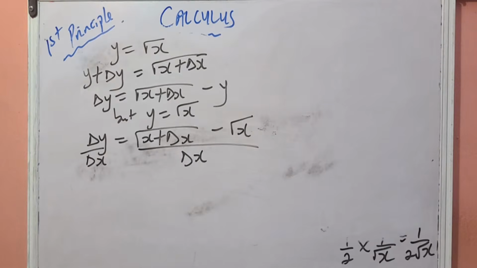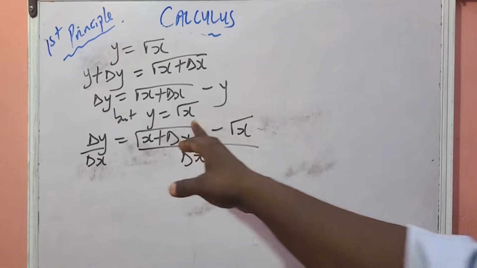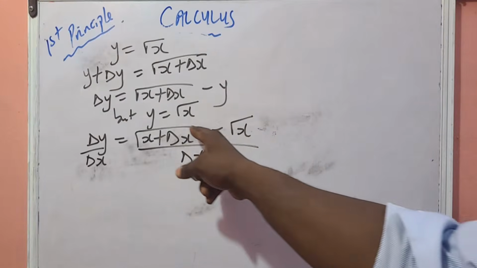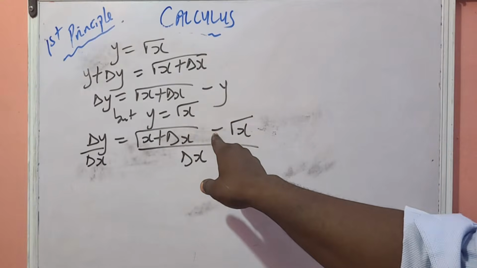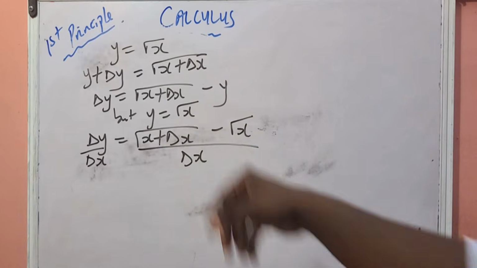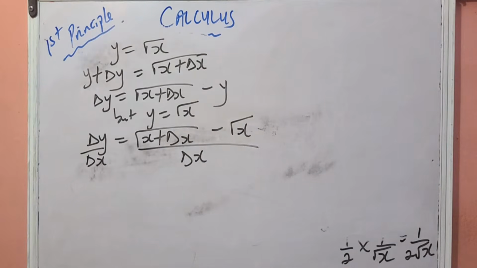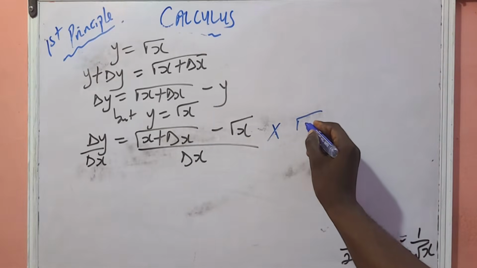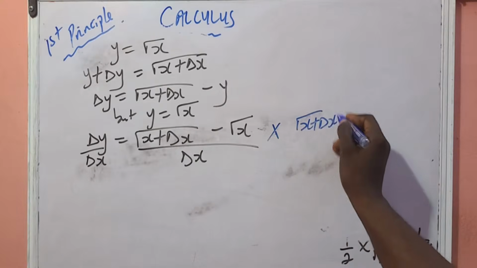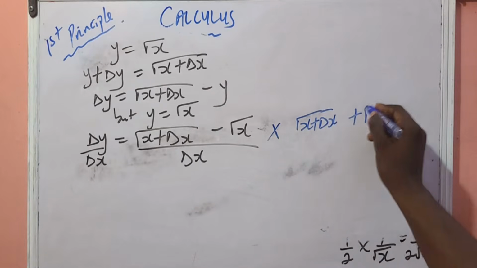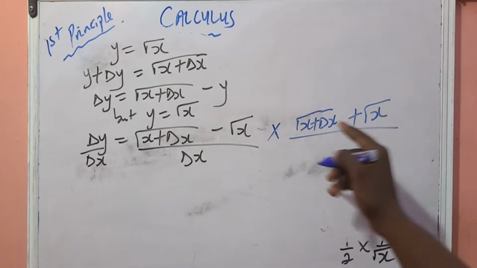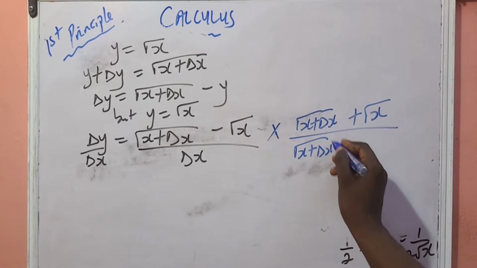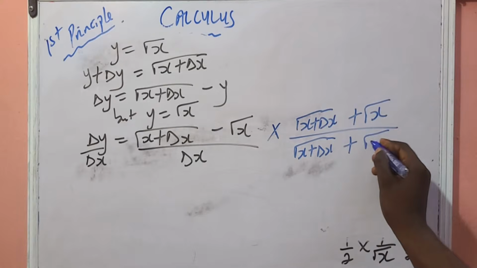Whenever you have roots, and it doesn't actually have to be roots, it could be just a normal expression, but you see that there's a minus here, one of the best things to do is to multiply by the conjugate, which would be, in this case, root of x plus change in x plus root of x. You can see what I'm doing. I'm obviously just multiplying by 1, but I will use that to change the form.